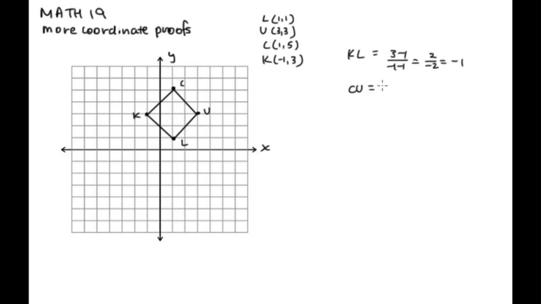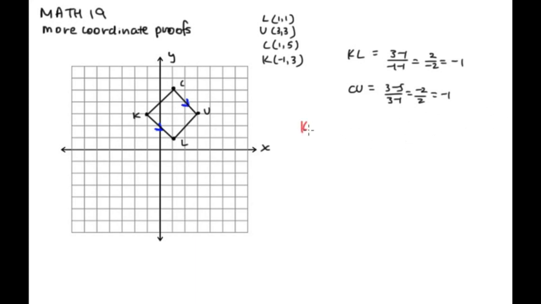CU this time. That's 3 minus 5 over 3 minus 1, and that's negative 2 over 2. That's again negative 1.